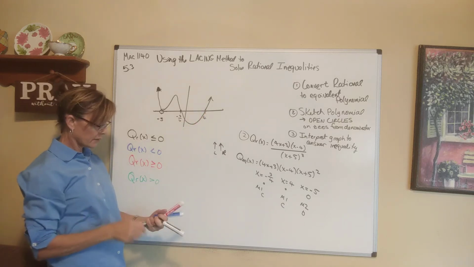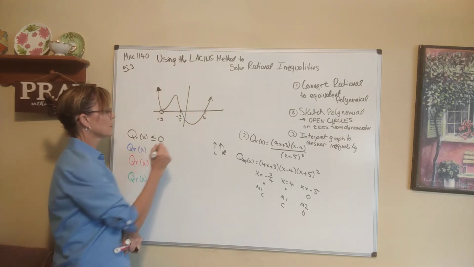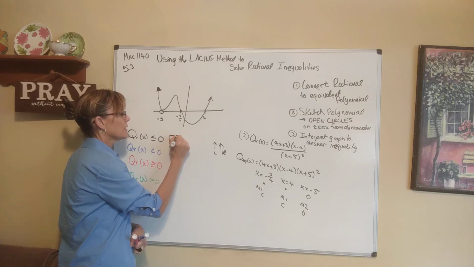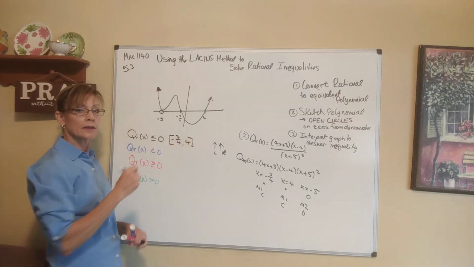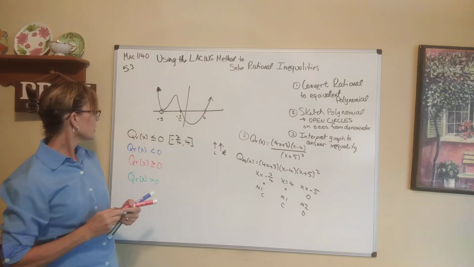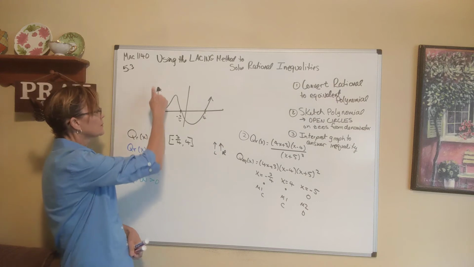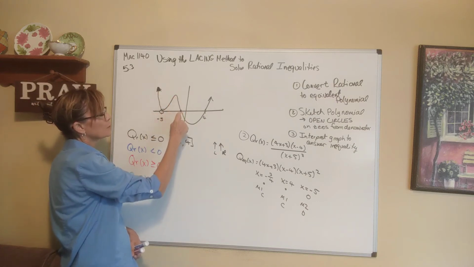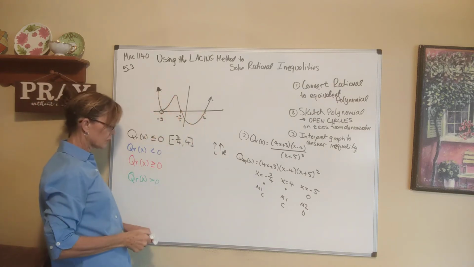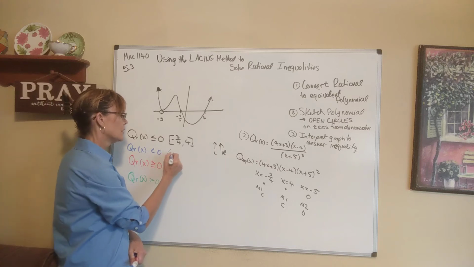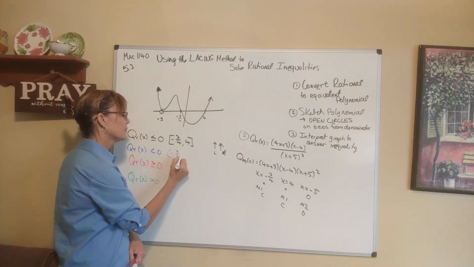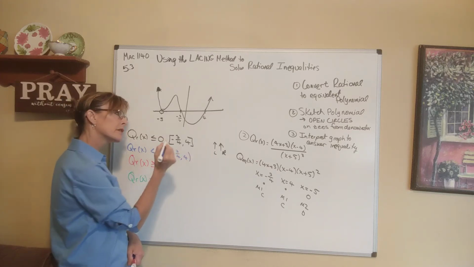So the answer for the black question right here is from negative 3/4 to 4 with brackets. Okay. For the blue question, where is it just negative? It equals 0 here and here, and in between it's just negative. This would simply change to parentheses, negative 3/4 to 4 in parentheses.